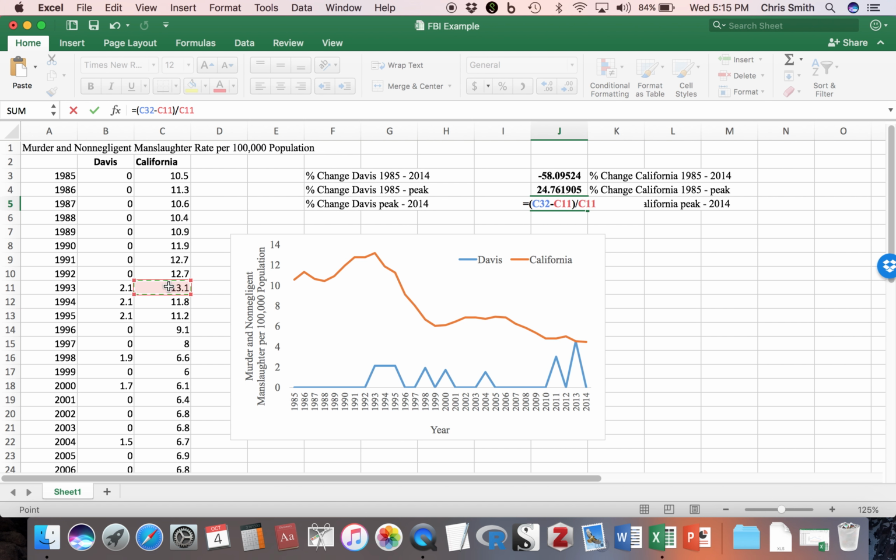Now I divide by the peak. And a decrease in 66%. So nice job lowering the murder rate, California. Let's look at what happened in Davis.